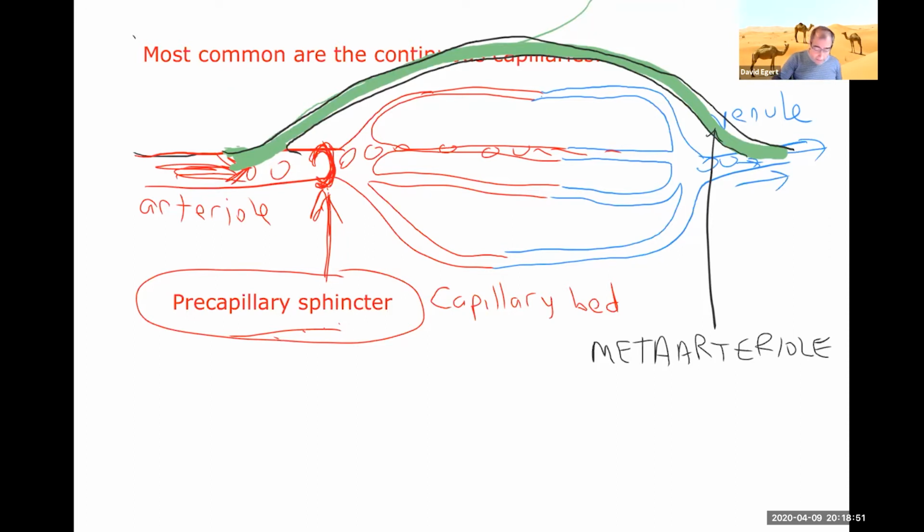So that is continuous capillaries, again, the most common of all the kinds of capillaries. We will come back and see these when we get to the lymphatic system next week. Partly because blood vessels have to be kind of porous. The whole point is capillaries allow things in and out, which means they're kind of leaky.